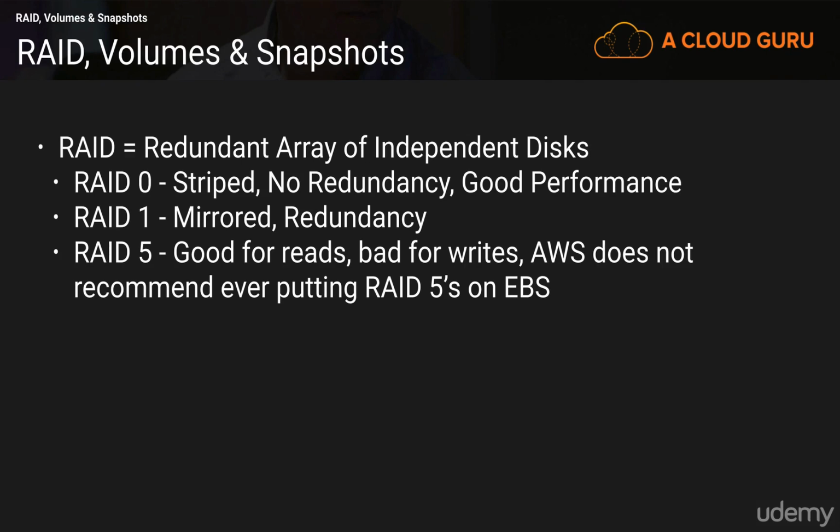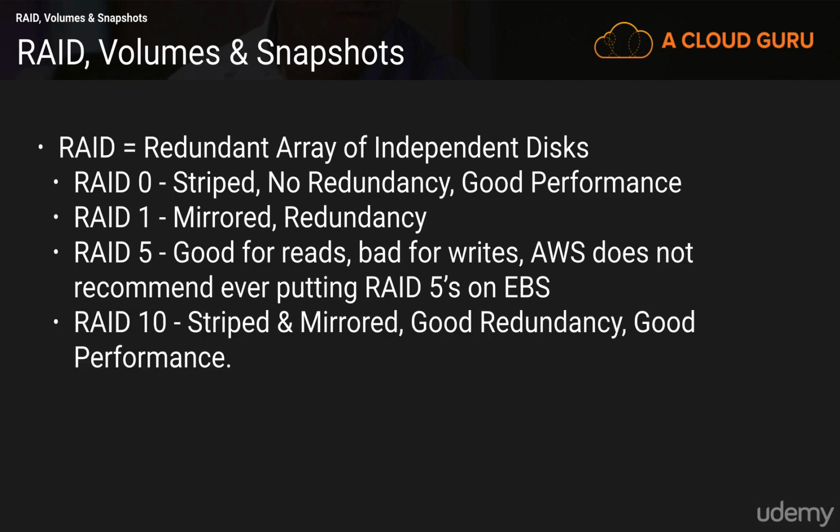RAID 5s essentially are spread across multiple disks and you're writing a parity. Parity is basically a checksum. So if one of those disks fails, you can rebuild the RAID array using a checksum. And that's just basically a mathematical formula which tells you what the missing data is. So RAID 5s are good in the real world, but you do not typically use them on AWS.